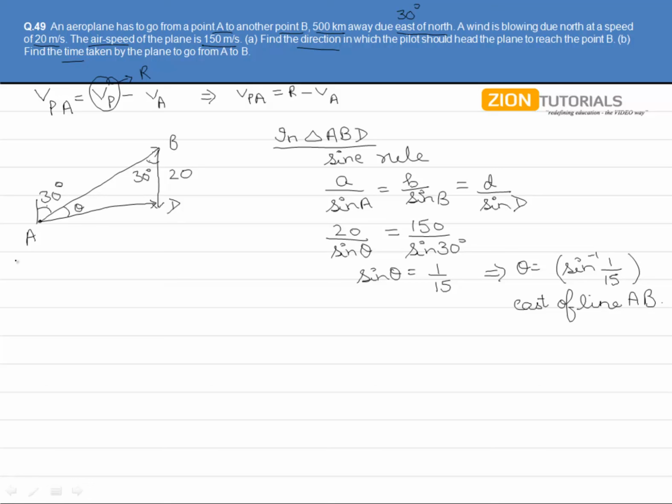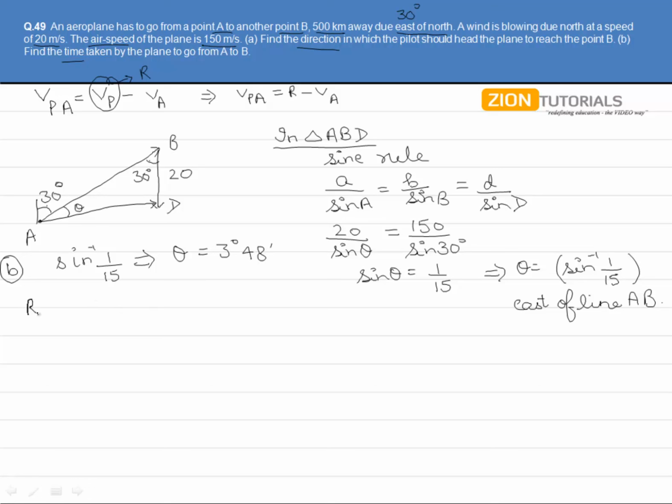Now proceeding with the second part, we have sine inverse 1 by 15, implying theta equals 3 degrees 48 minutes.